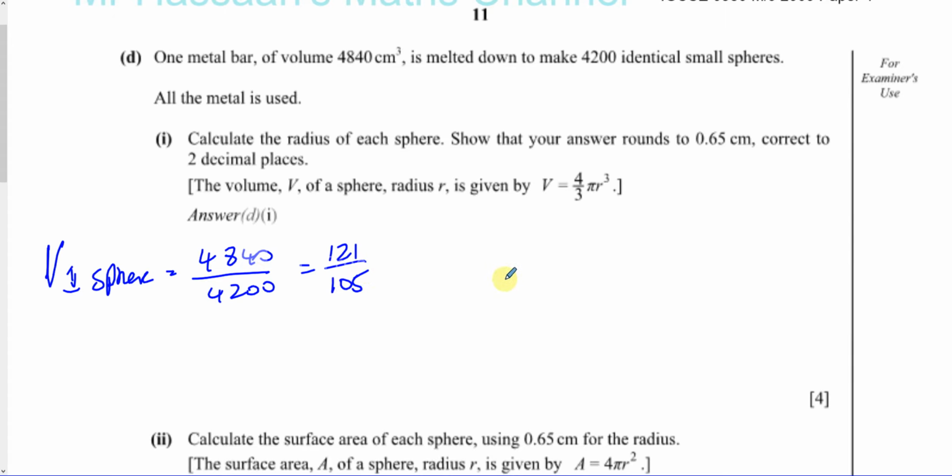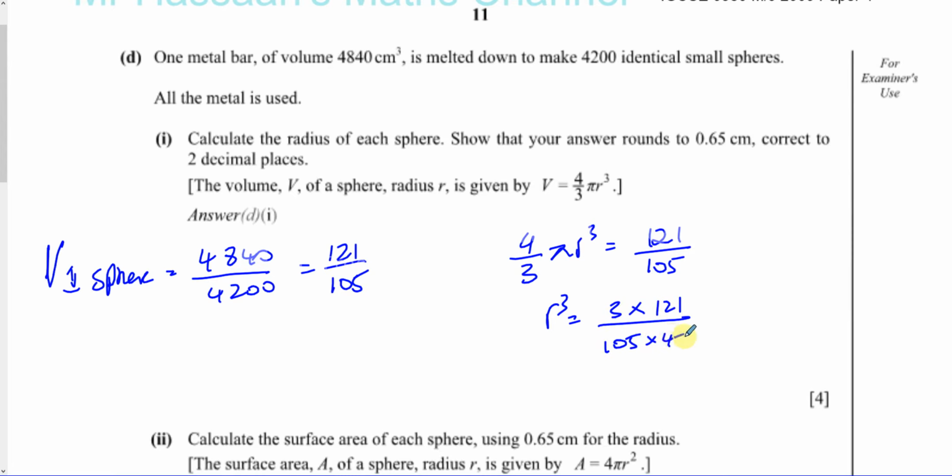So I know that for one sphere, 4 over 3 pi r cubed is going to be equal to 121 over 105. So r cubed is going to be 3 times 121 over 105 times 4 pi. And r is going to be the cube root of all of that.